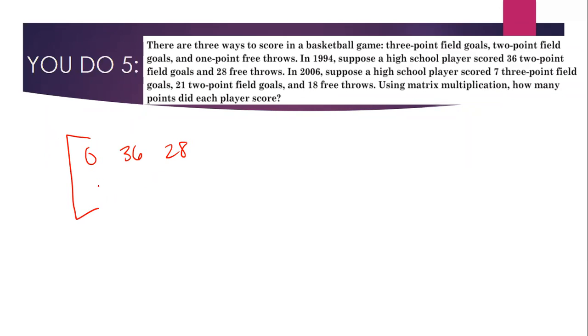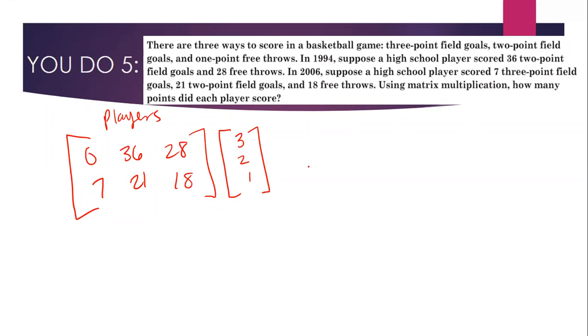Player 2 had 7 threes, 21 twos, and 18 free throws. And then the value of these are 3, 2, and 1. How are we doing so far? Awesome. And now we proceed.